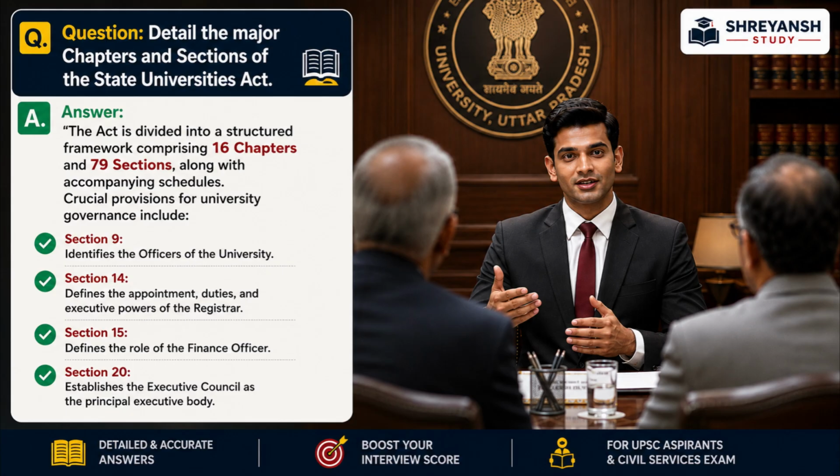Section 14 defines the appointment, duties, and executive powers of the registrar. Section 15 defines the role of the finance officer. Section 20 establishes the Executive Council as the principal executive body.